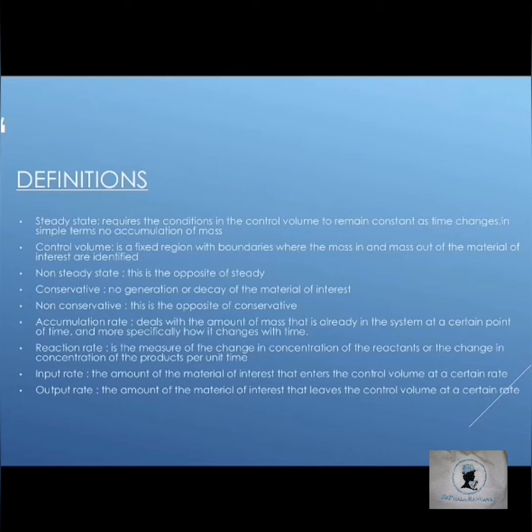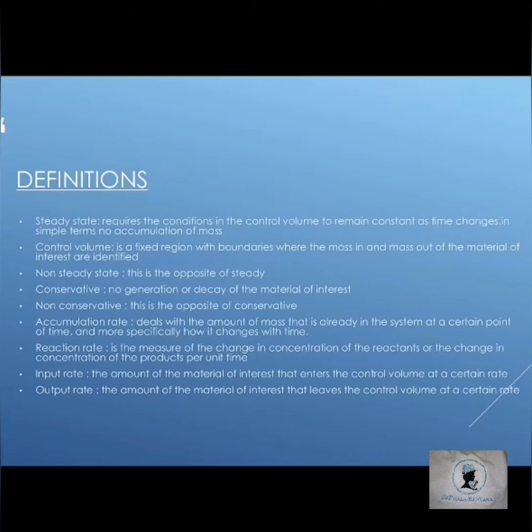Reaction rate is the measure of the change in concentration of the reactants or the change in the concentration of the products per time. So a reaction rate can be positive or negative depending on whether it's a decay or generation reaction rate.